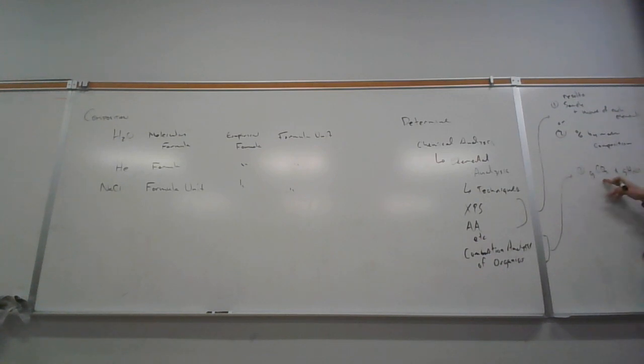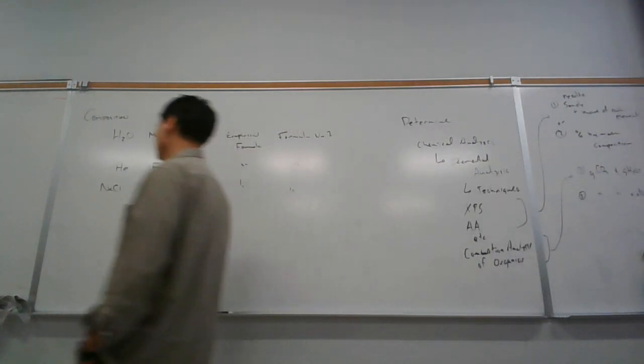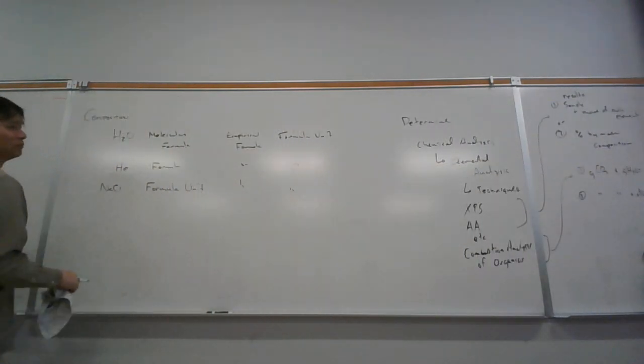And then from the products of the combustion, we can figure out what's present. Or two, we'll get this plus other stuff, if there are other elements present. And then from that, we can figure out the formula.